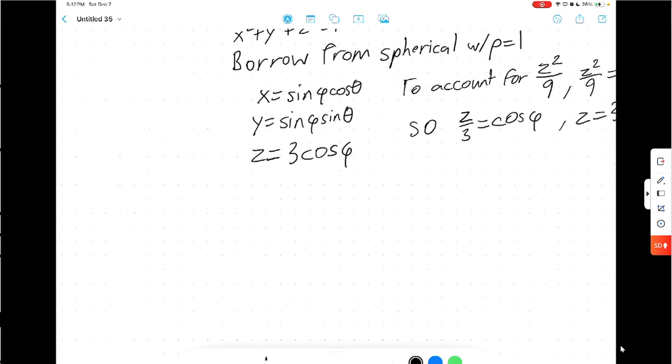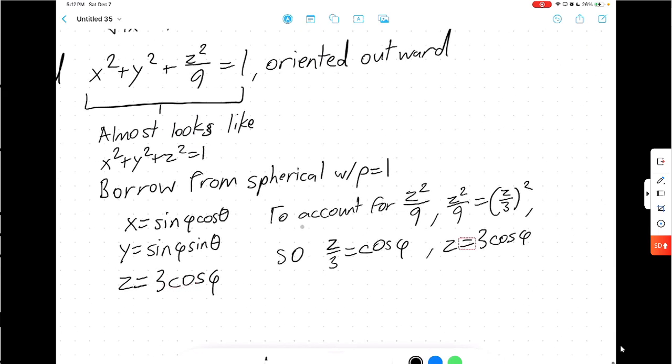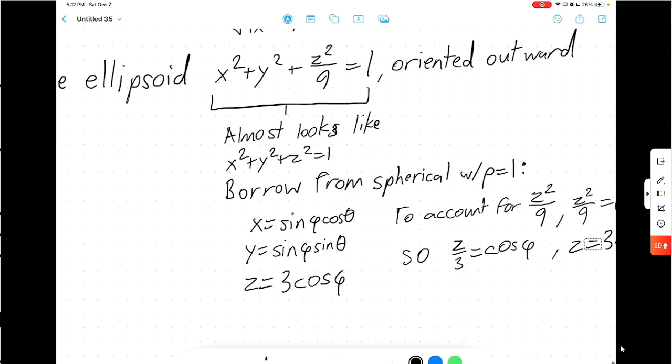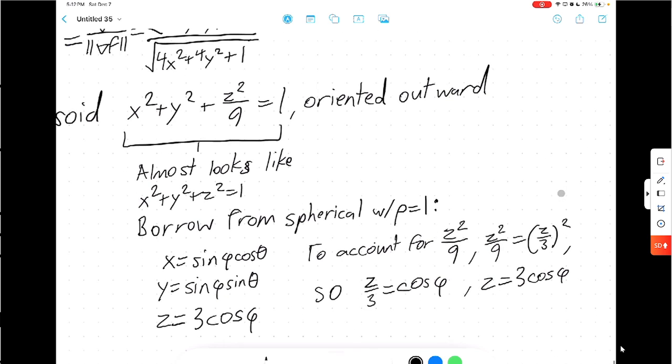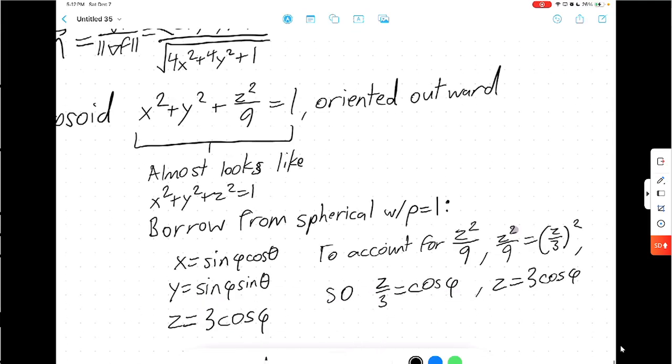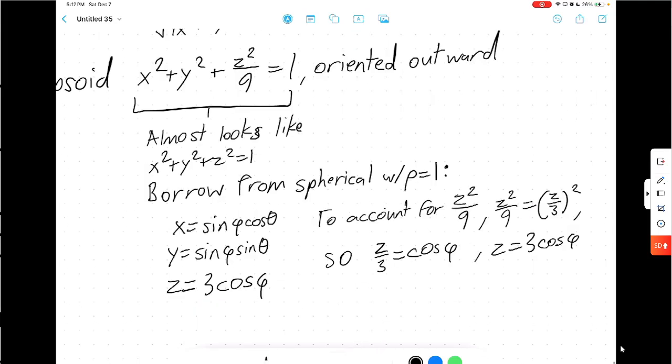And that's our parameterization. Essentially, the idea is we're just going to borrow everything from spherical with rho equal to 1, so we only have 2 variables instead of 3. And then to account for the z squared over 9, I'm just going to set z over 3 to be cosine of phi, so z is 3 cosine of phi.